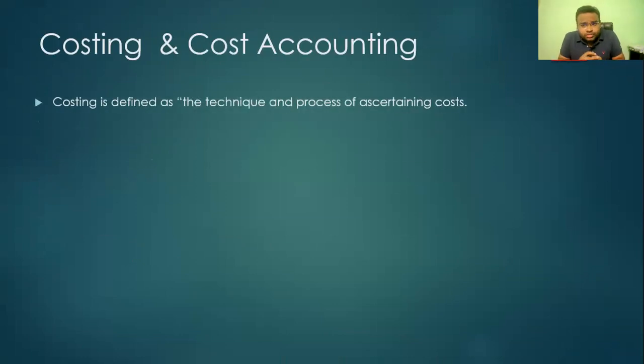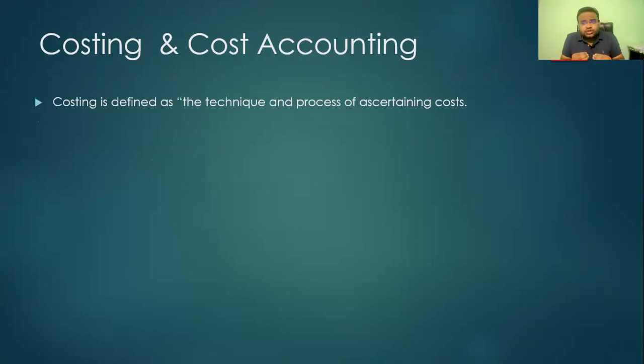Those who are writing notes can also write this down. Costing is defined as the technique and process of ascertaining cost. Simply understand the concept: costing is nothing but the technique, and the second one is the process of ascertaining cost.